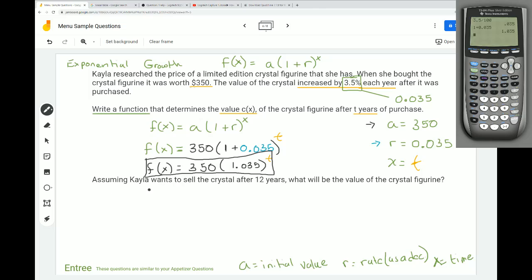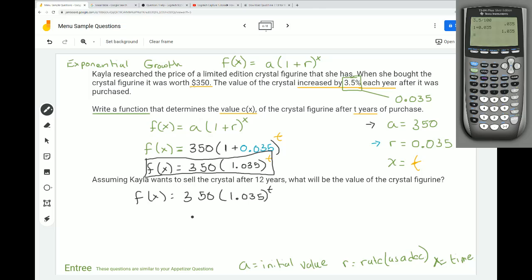Okay, now we want to answer part 2 of this. Assuming Kayla wants to sell the crystal after 12 years, what will be the value of the crystal figurine? So we want to use our same function that we just created. The function of x is equal to 350 times 1.035 to the t power.